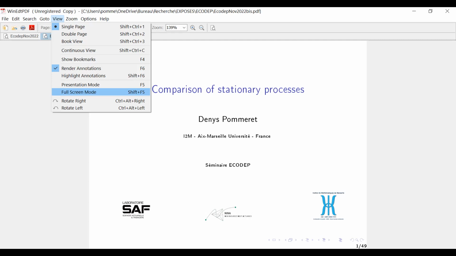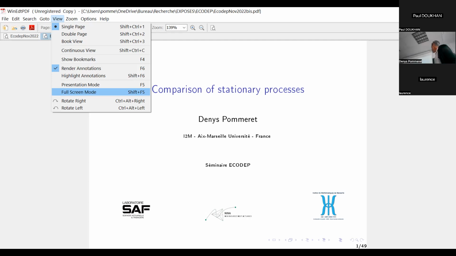First, to compare 2 by 2 strictly stationary processes. These are works that I made with Laurence, and with Paul, and Françoise, and Eva. And I will also show you an extension of such comparison of processes that makes it possible to compare simultaneously K processes, for instance.